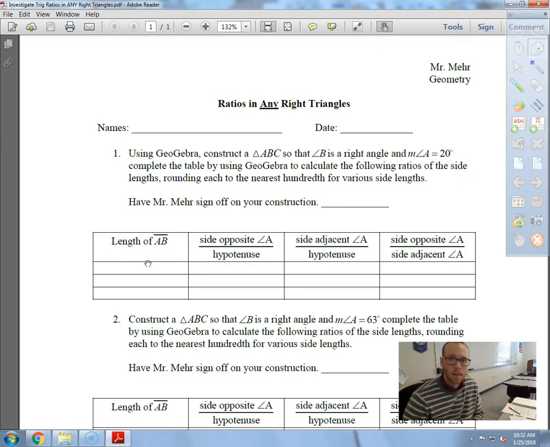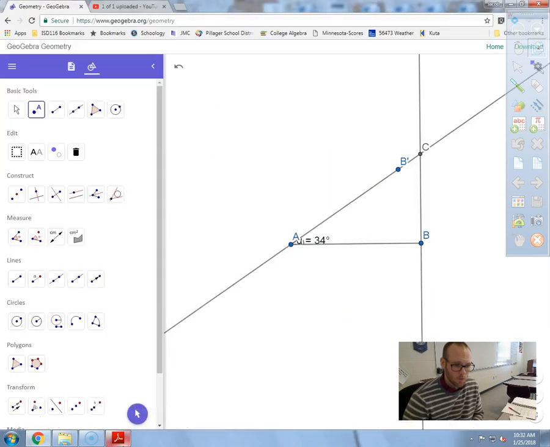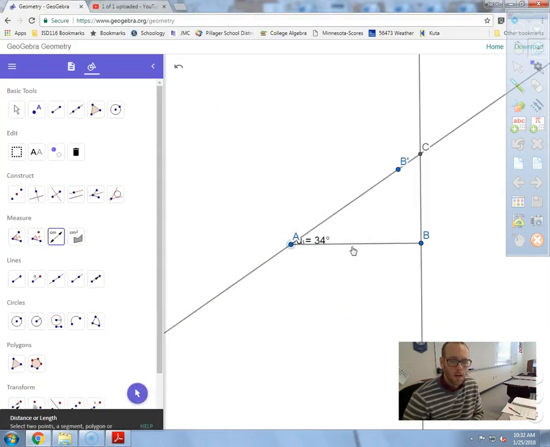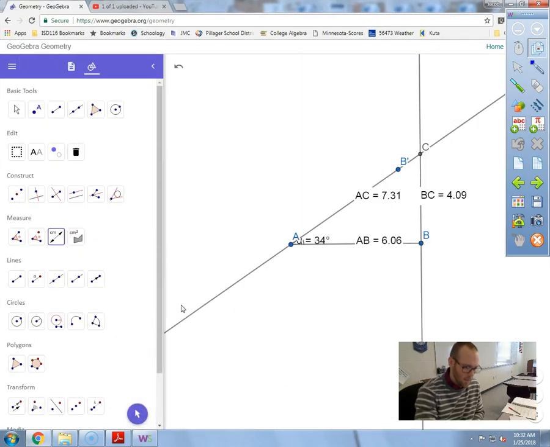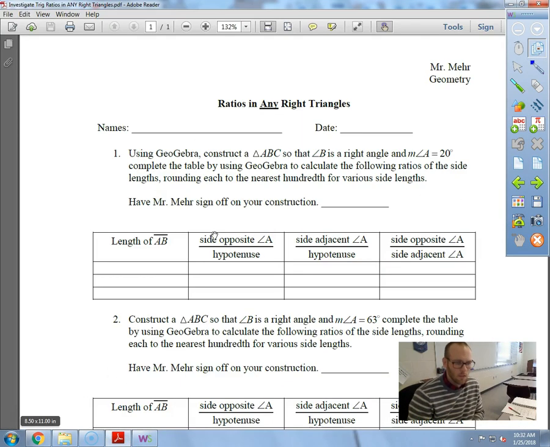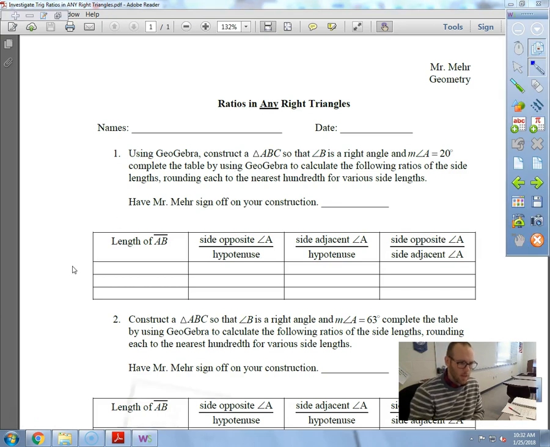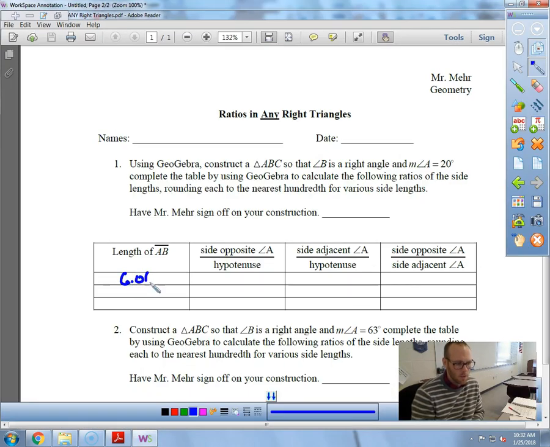I'm going to find the length of AB, and then I'm going to write down these ratios. So I'm going to go to my length tool. I'm going to measure how long each side is. AB is 6.06, there's BC, there's AC. So on my sheet, I'm going to write in AB is 6.06.